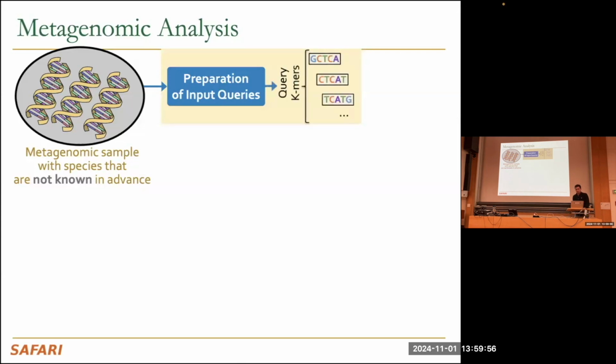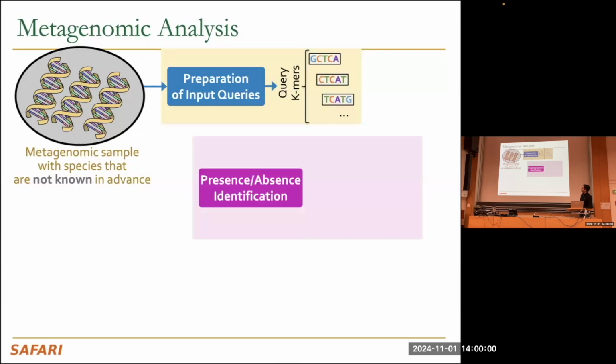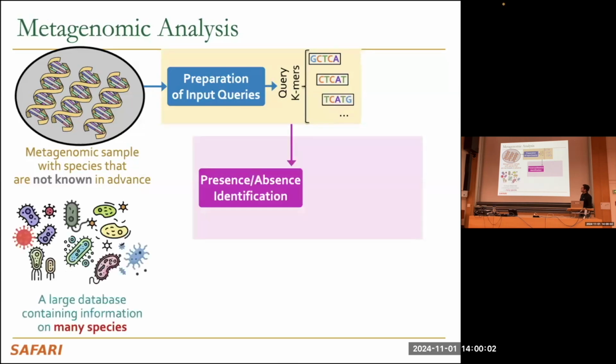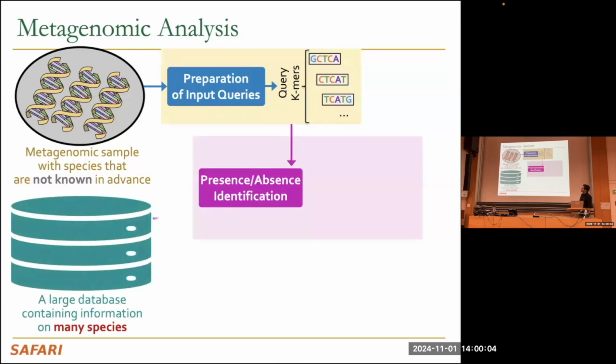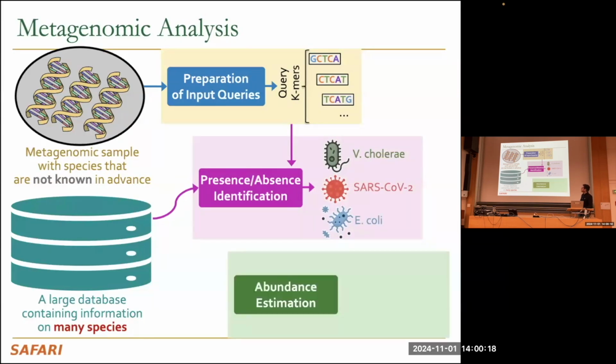One is you extract the k-mers from the reads. Then you use these large databases that contain the information from many species instead of maybe a single reference genome. And then you try to find the matching k-mers between this database and the reads that are coming from your sample.